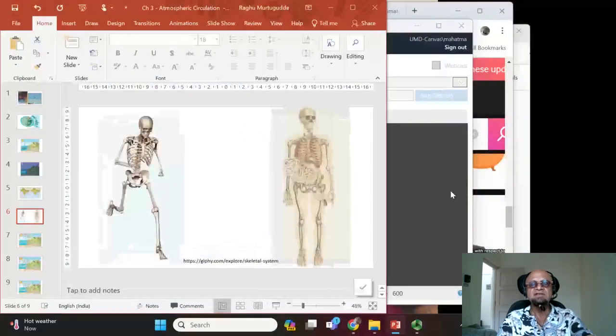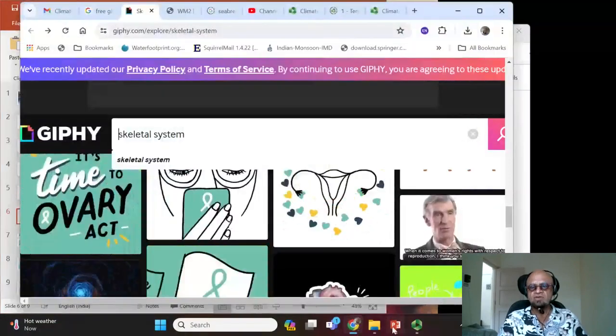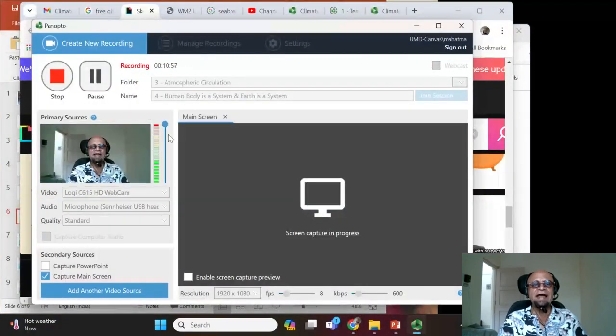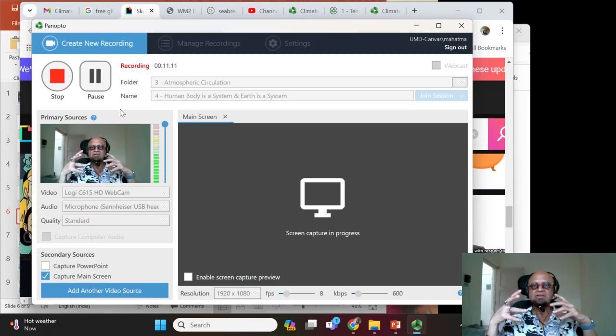So once we have this background on the Earth system, we can now move and look at how the Earth system itself works. Okay, so we'll look at a few diagrams, and that's the way the models of the Earth system are built.